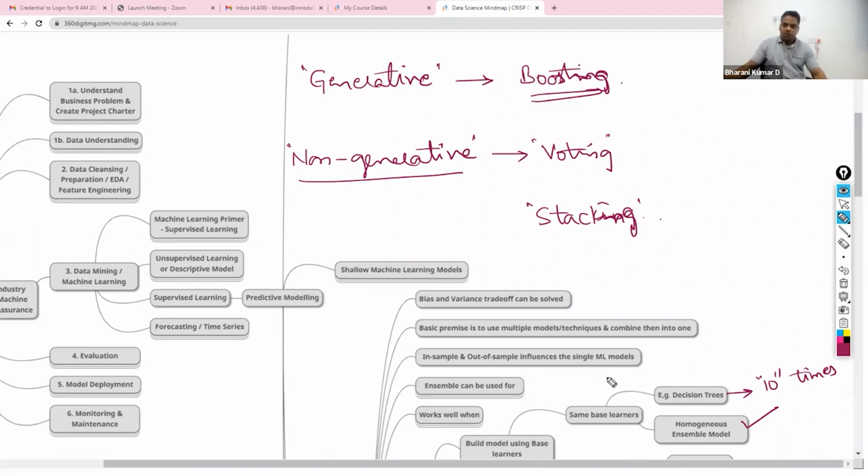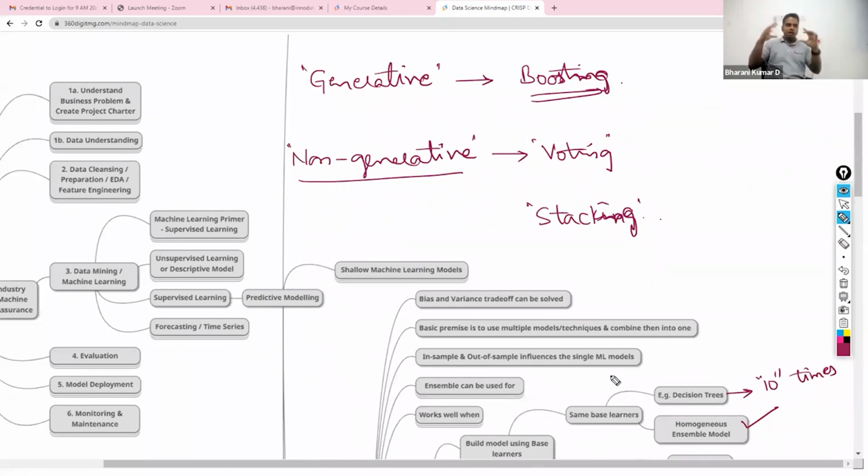But there will be algorithms where there will be dependency of one algorithm on another. Say you split the model, you built one algorithm. Then next time when you split, the next split depends on the first algorithm's results. How it will depend, all that we'll deep dive. You built an algorithm, right? 10 times you need to run, first time you have run.